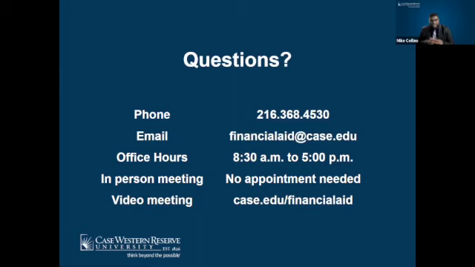Now, when we say appeal, or when we talk about taking additional special circumstances into consideration, what we're talking about is that something has happened to your household, and so the information that we have, which is based on 2020 tax year information, is no longer relevant. Whether that is a death in the family, for example, or a loss of job.